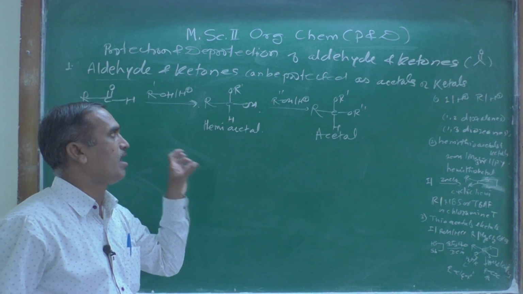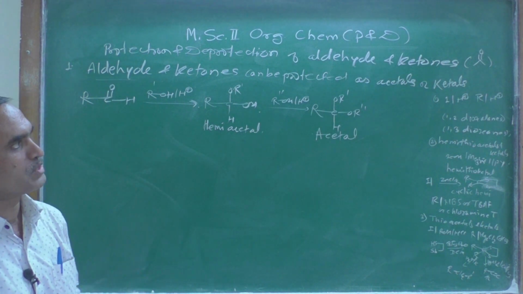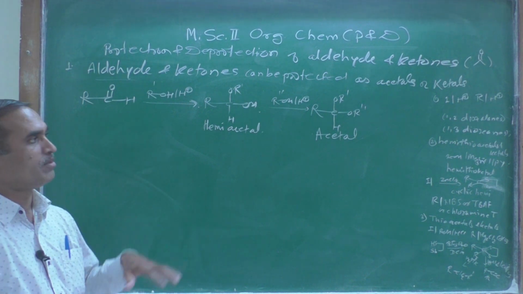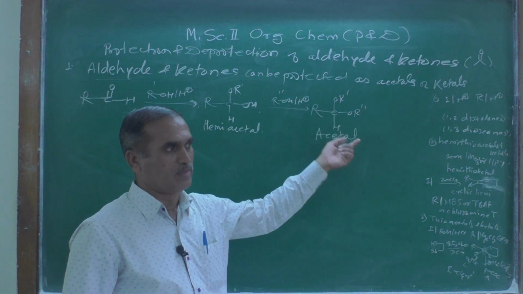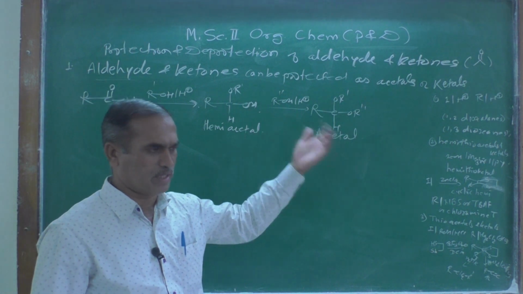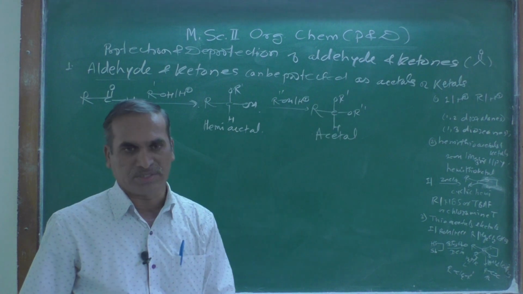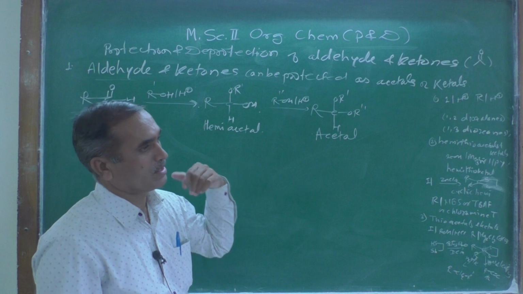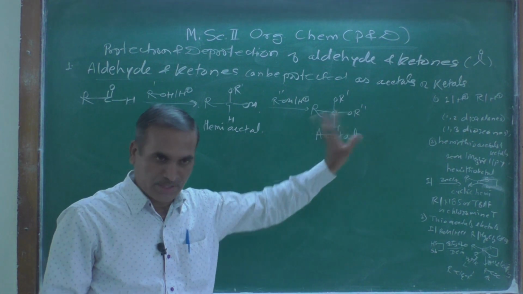If it is only half, then it is known as a hemiacetal. Understood this one? This is the simplest representation of acetal formation. When this acetal is formed, it becomes very stable under oxidizing reagents or reducing reagents, or in basic condition. It doesn't get affected or interfere in those conditions.